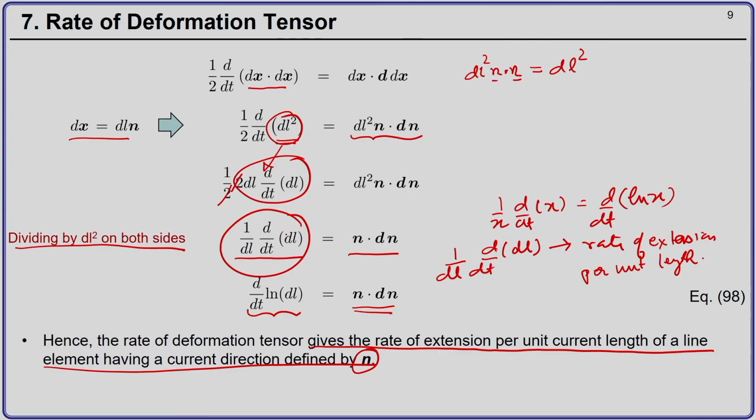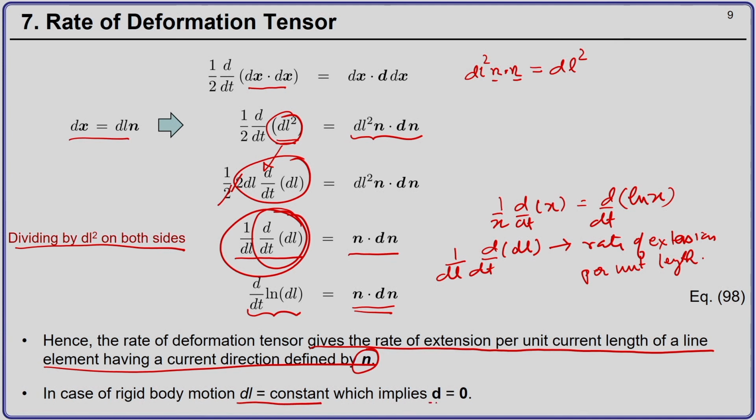So, dl will not change, which means the material time derivative d by dt of dl will be equal to 0, which means dl is constant. This would imply that the rate of deformation tensor is equal to the zero tensor, which means there is no stretching involved.